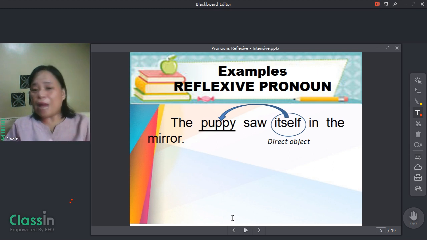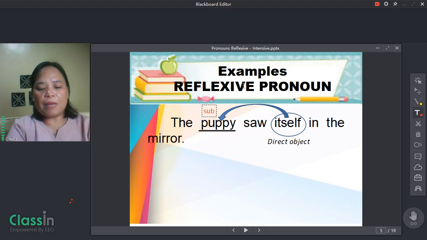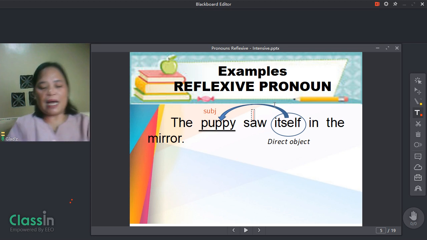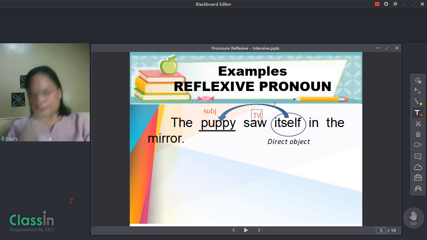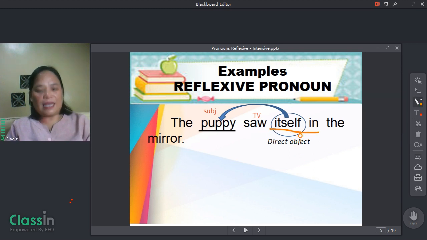How come it becomes a direct object? Let's recall our basic sentence pattern. Puppy becomes our subject, saw becomes the transitive verb, and of course itself there is the direct object. Did you get it?